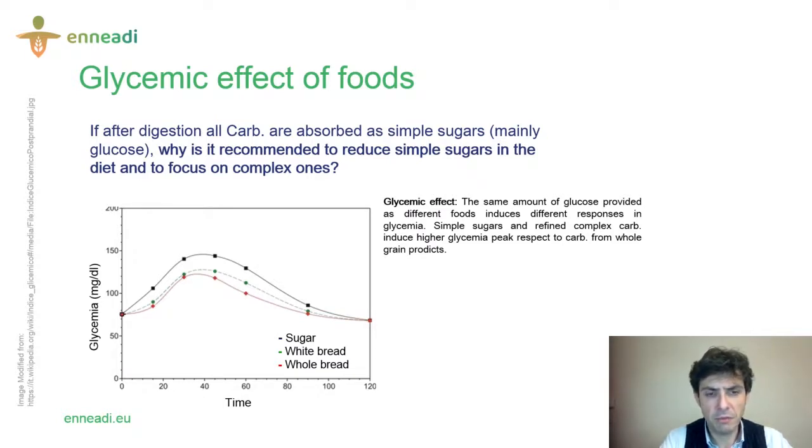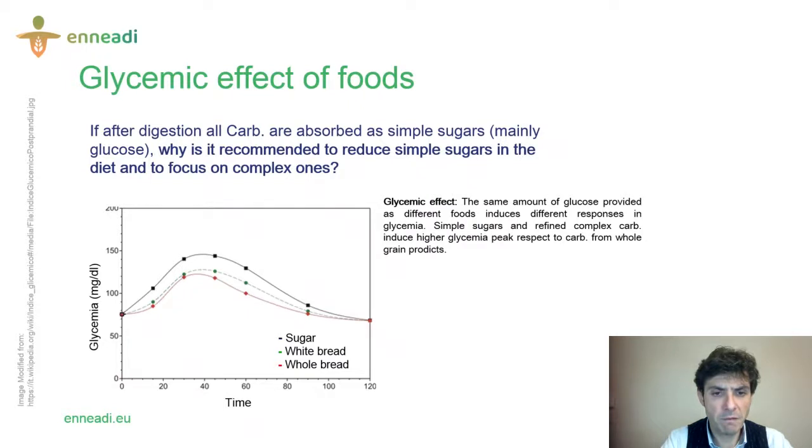This is due to the fact that while glucose from complex sugar is absorbed slowly, glucose from simple sugar requires very few moments to be digested, and it is immediately absorbed.